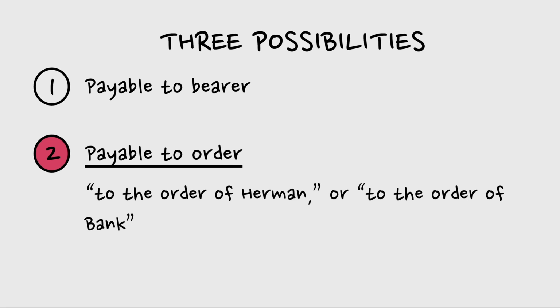That's what to the order of Herman means, meaning whatever he directs, whatever he orders, to the order of the bank, right? So whatever the bank directs, to the bank or to whoever, or payment to whoever the bank directs you to make payment.